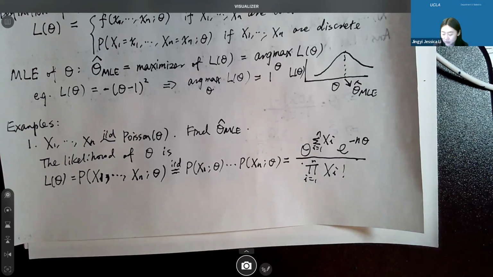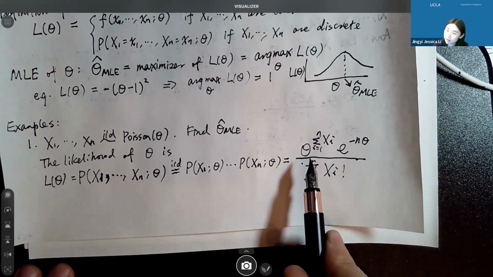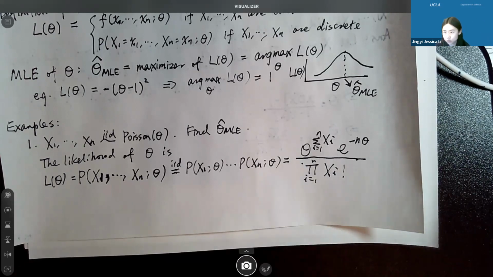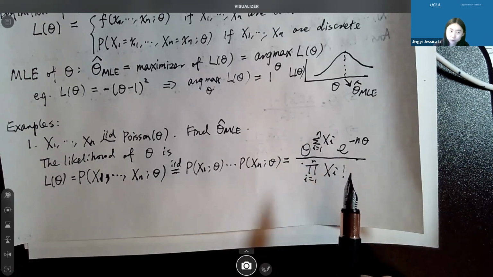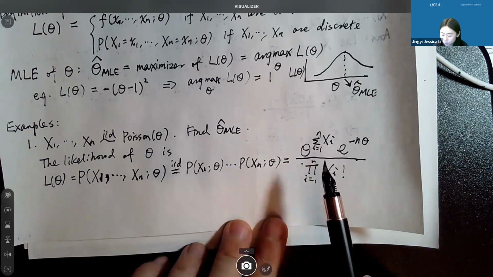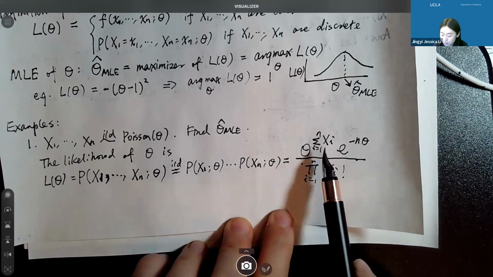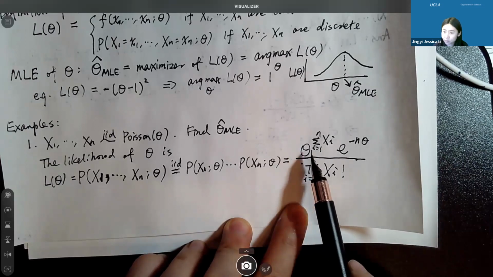Okay, so let's do it. If we directly take the maximizer of this, it's not so straightforward because we have the power function and exponential function to deal with. So a common strategy is to take the log of the likelihood, so that the power will come down and the exponential function will be gone.